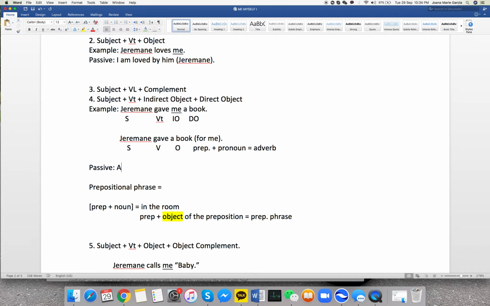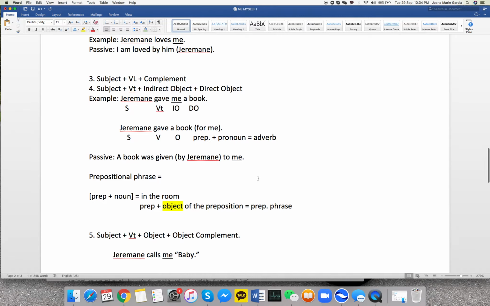So a book was given by Jermaine to me. Or you can even interchange: a book was given to me by Jermaine. In that case, this is not the receiver of the action in this sentence anymore because there is a preposition. So it means it's the object of the preposition.